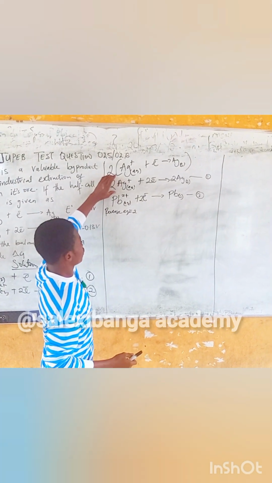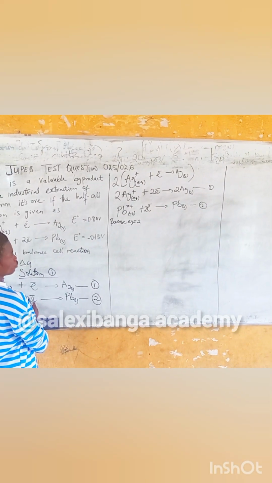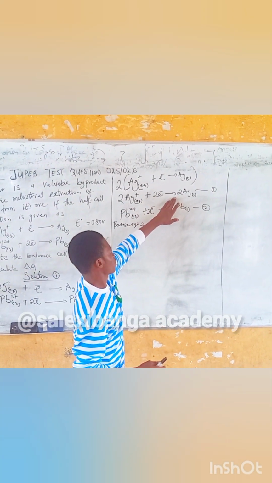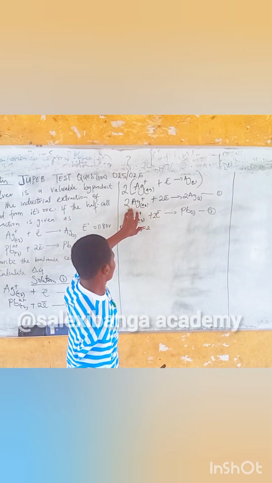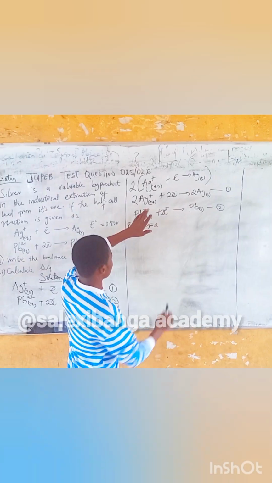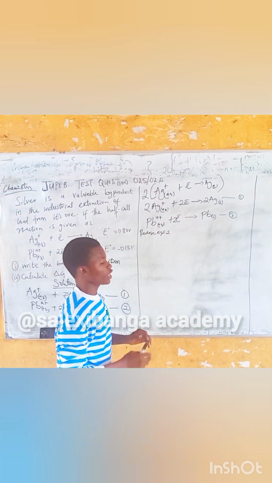We have that this is silver. Since we have 2 electrons here, it means we need to balance our equation 1, which I've done. That is this 2. It means the 2 is multiplying everything inside the bracket, which affects both the ions and the atoms present.